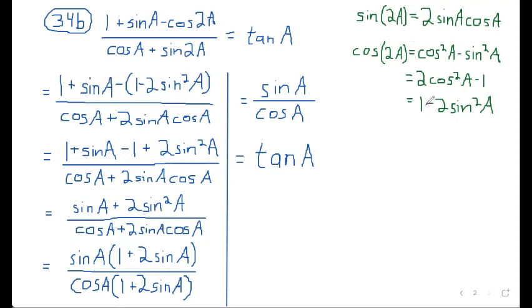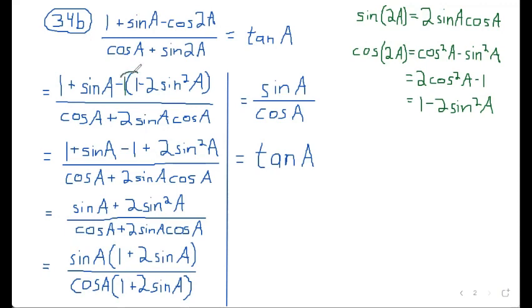So basically we can use cosine of 2A is equal to 1 minus 2 sine squared of A. We're able to make that substitution here. And then once we make that substitution, we can use algebra to simplify it. We can distribute the negative, and to do that, we can imagine that there's a -1 here.